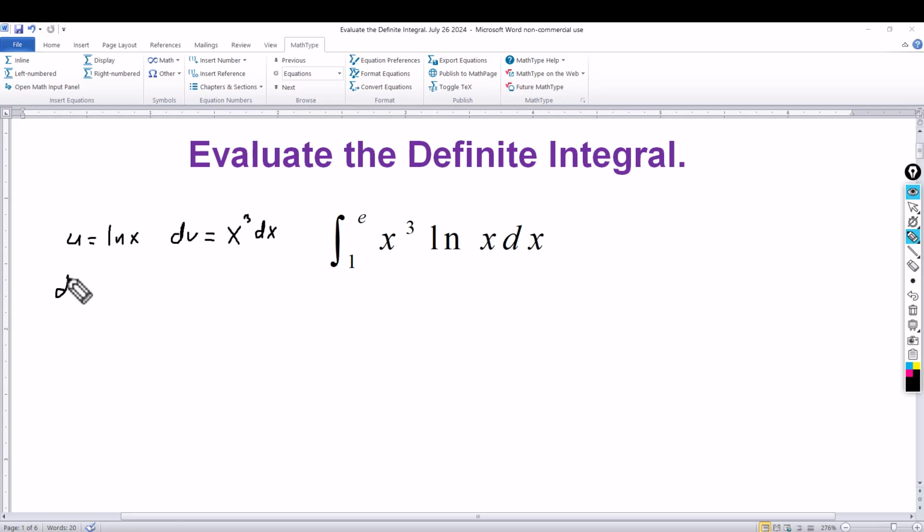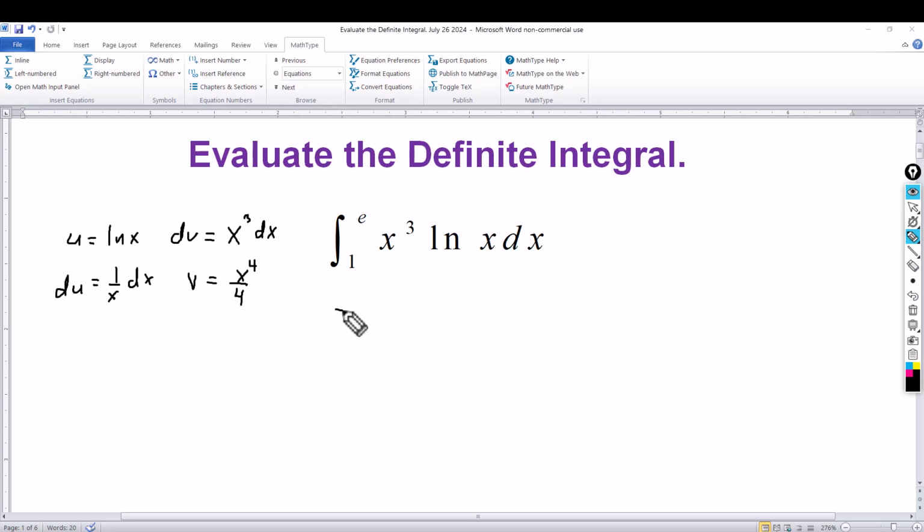So then the du, the derivative of ln, is 1 over x dx. And then for the dv, integrate both sides. On the left, with respect to v, I get v, and the integral of x to the third dx, just add 1 to the exponent, I get a 4, then I divide by it. Basic integration, and then I'm set up.